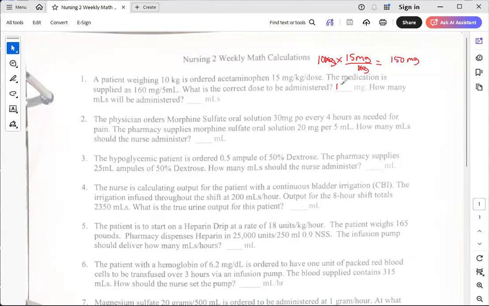So 150 milligrams. And then we need to take the 150 milligrams and convert it to ml. So I have 150 milligrams times, I want to get rid of milligrams per ml. So 160 and 5.